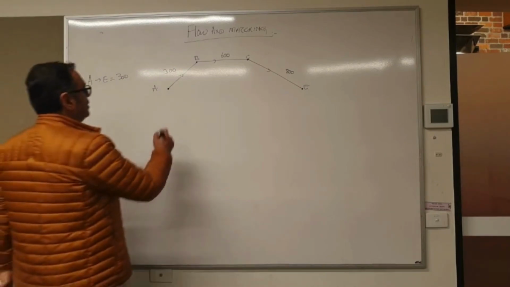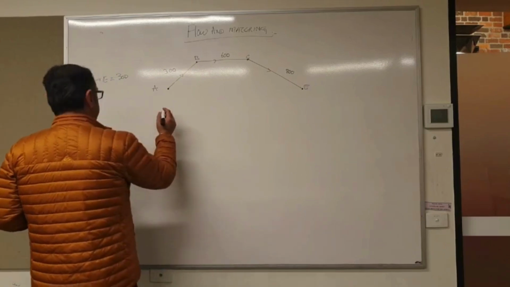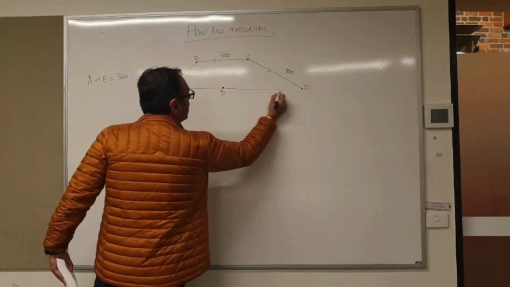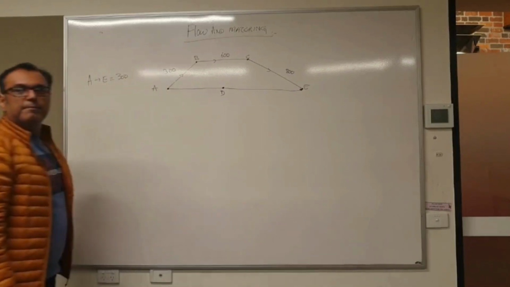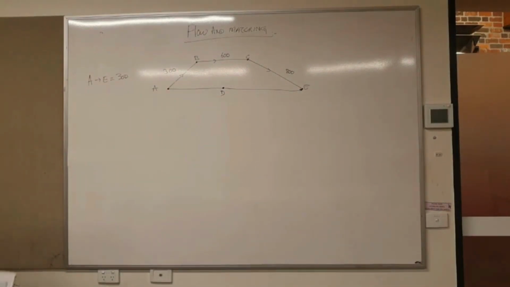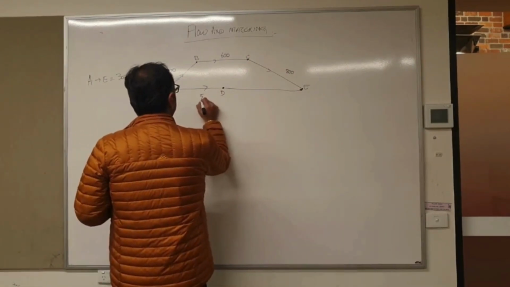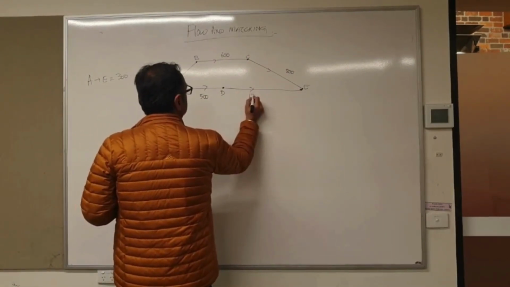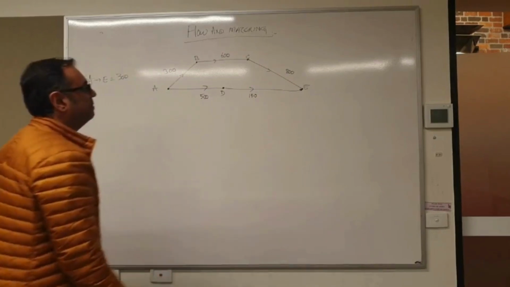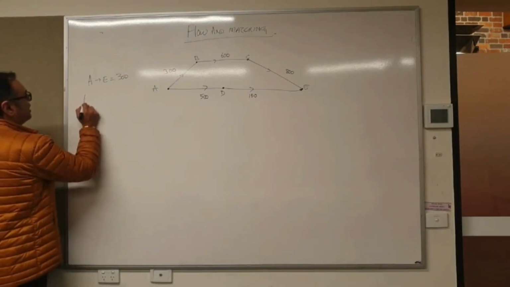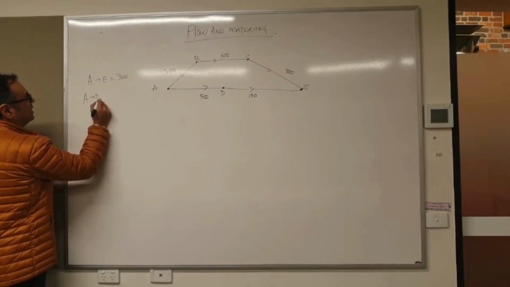Okay, let's do another connection here. And there's another city D which is connected to E. Right? And that's how the flow is. 500 and 150. Now tell me, what is the maximum that can flow from A to D to E?